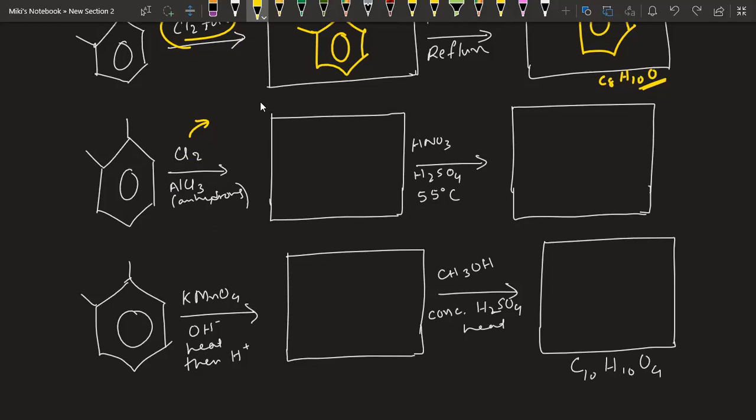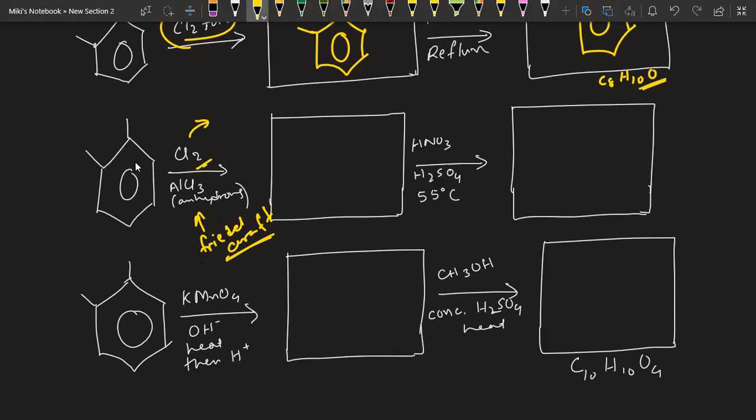It is not actually Friedel-Crafts alkylation because no alkyl halide has been given here, but the conditions are Friedel-Crafts like. The conditions are for Friedel-Crafts, but the alkyl halide is not given, so it is not an alkylation reaction.